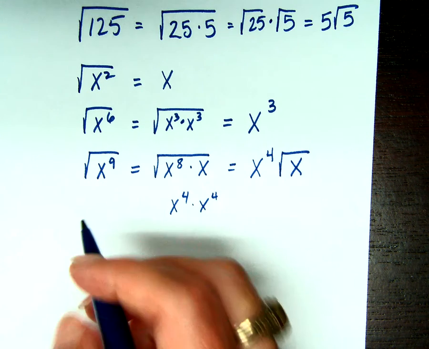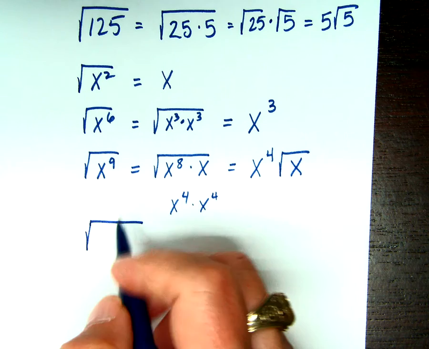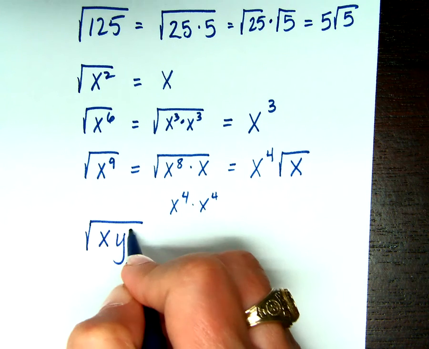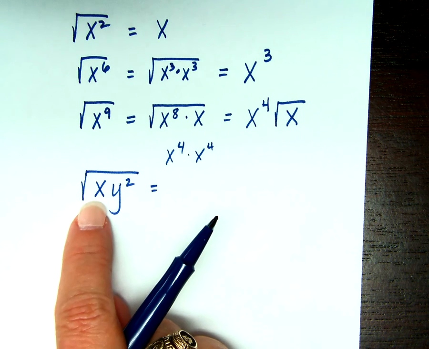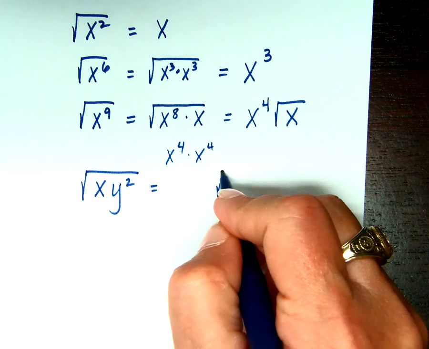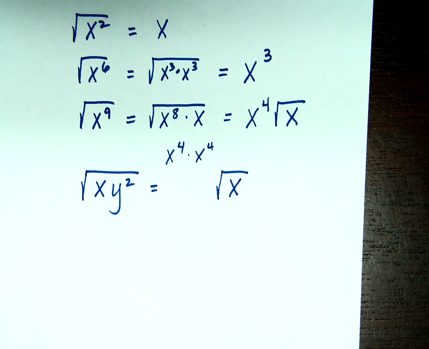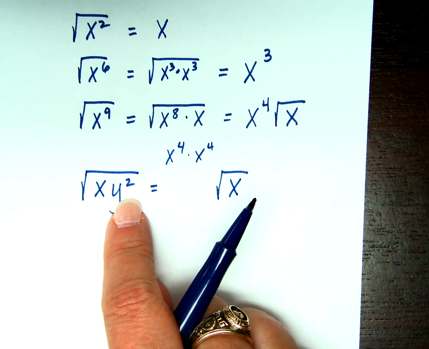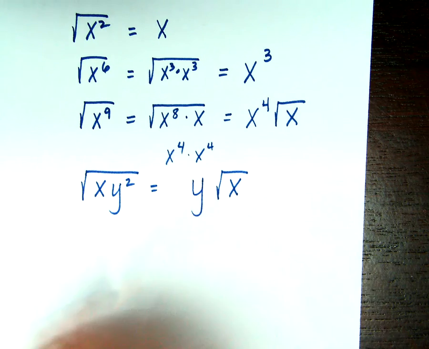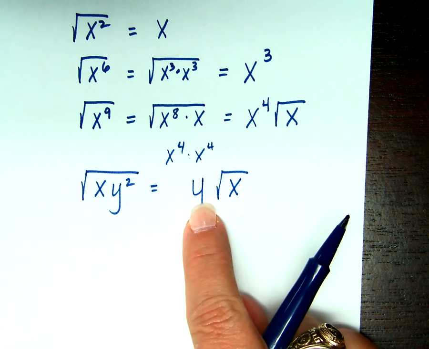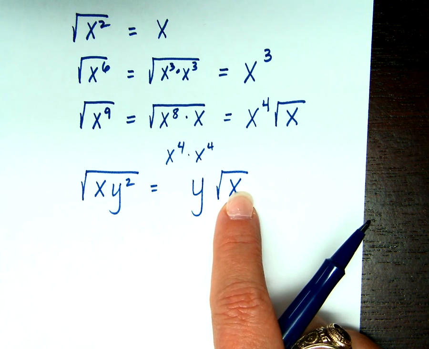Okay? So what about the square root of x, y squared? Do I know the square root of x? No, I had to leave it inside. Do I know the square root of y squared? Yeah, it's just y. So my answer is y square roots of x.